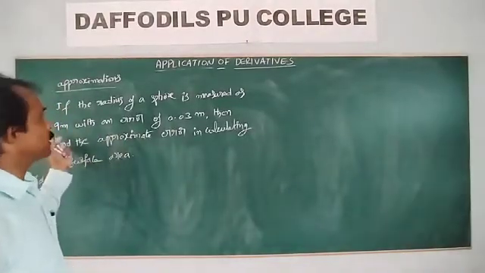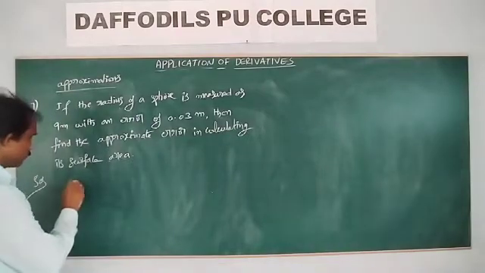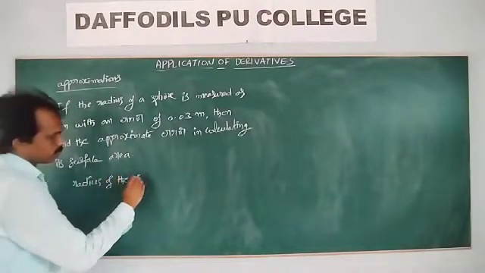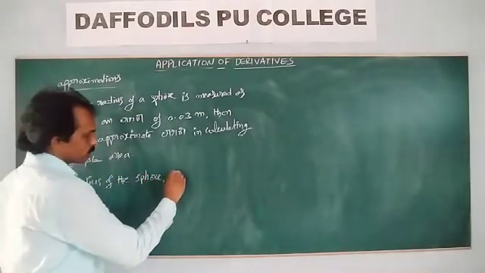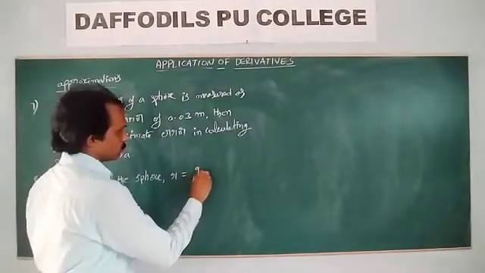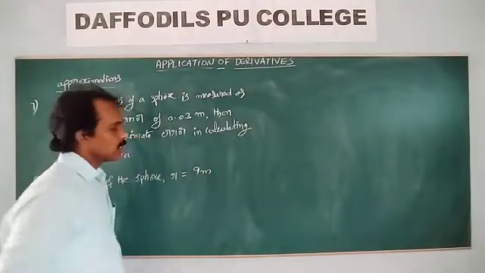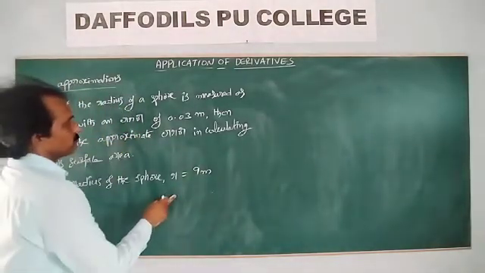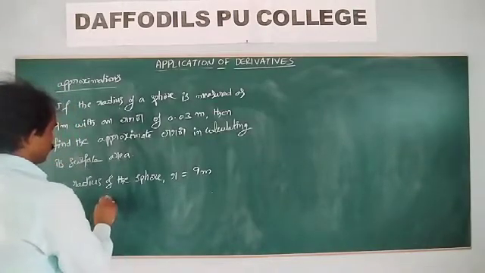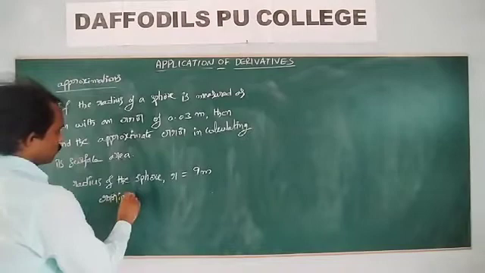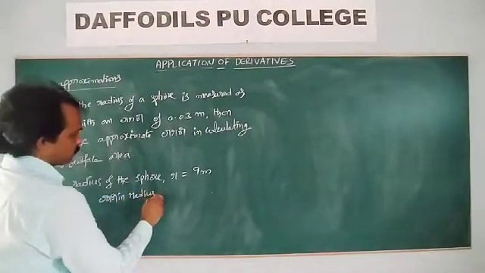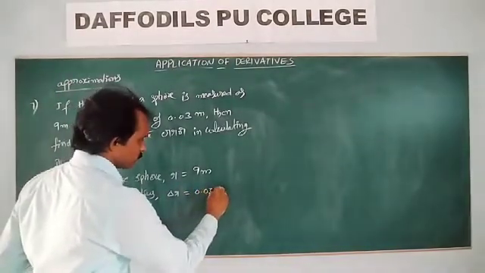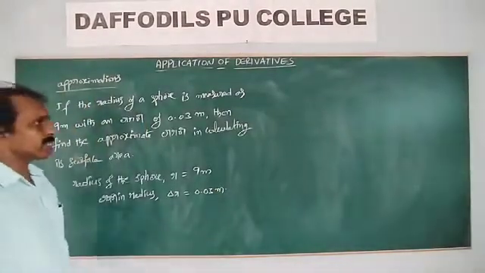Given data: radius of the sphere r is equal to 9 meters, with an error, delta r, of 0.03 meter.